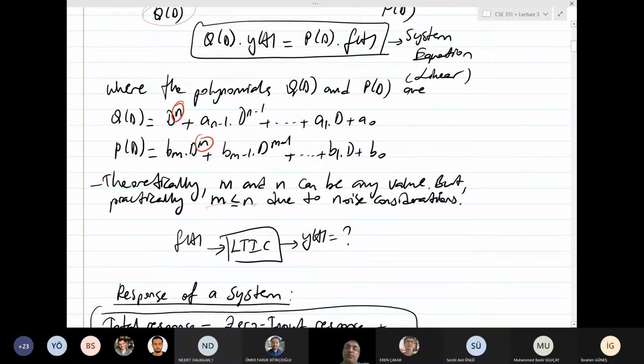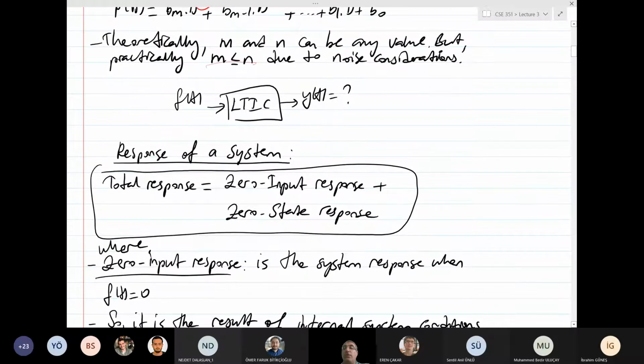So at the end of this course, you will learn how to obtain the output when you apply different inputs to a system. So this is called the response of a system. So if I apply this input, what is going to be the response? In other words, the output of a system.